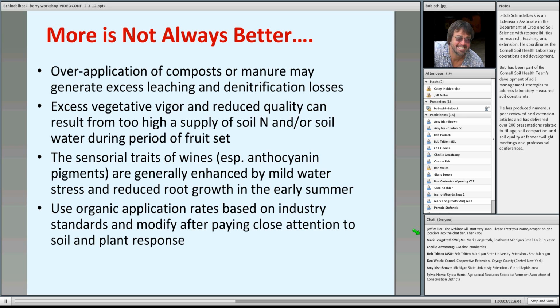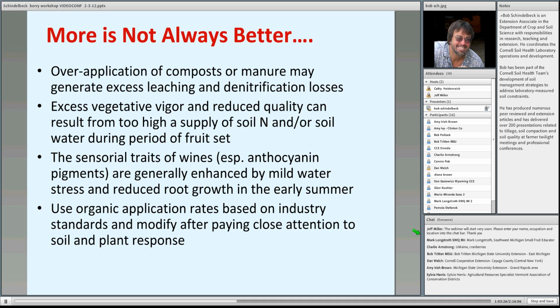In vegetables in particular, we don't want too much vigor from too high supply of nitrogen or other nutrients in the soil. Also, over application of compost might keep the soil too wet. All important considerations to always work within.